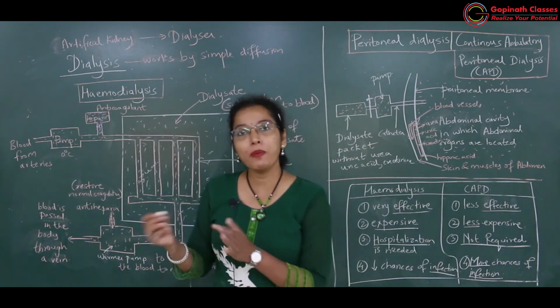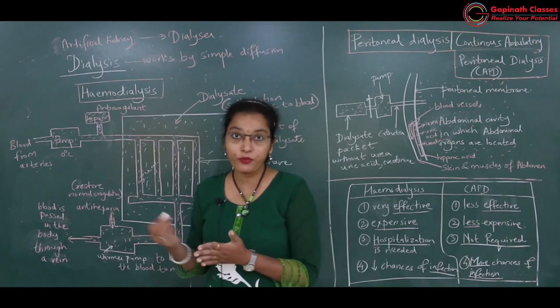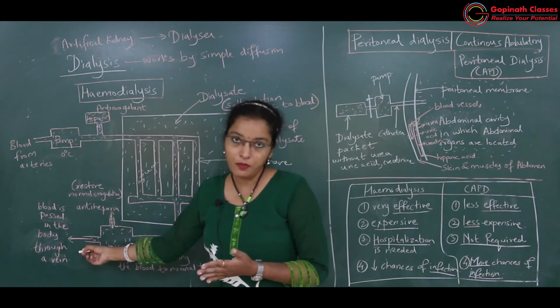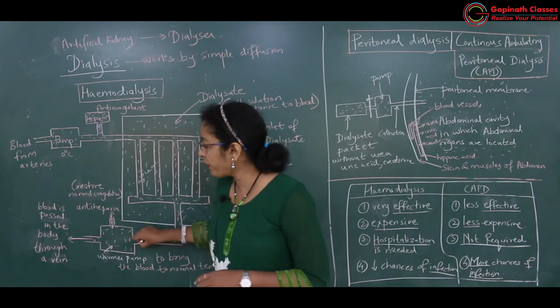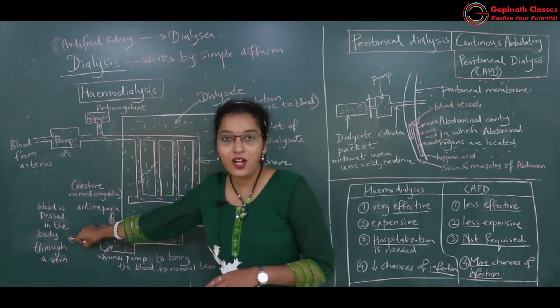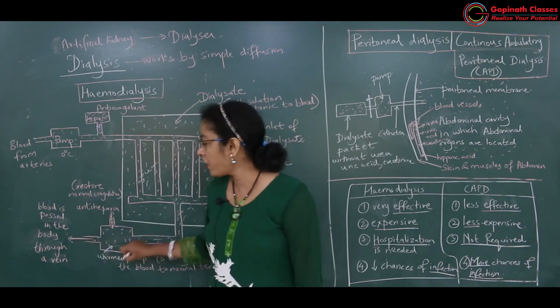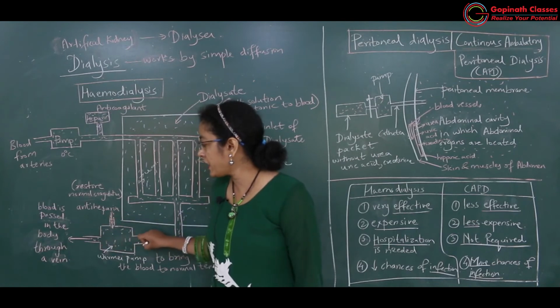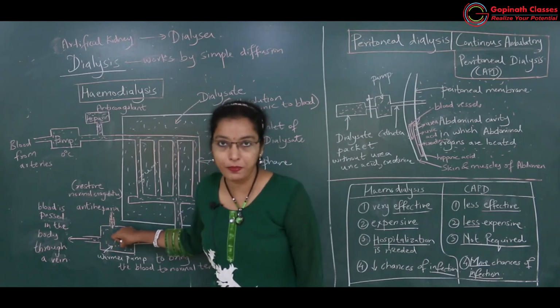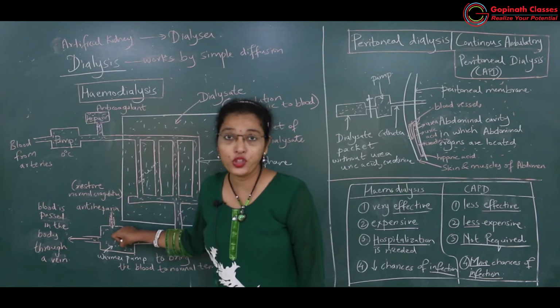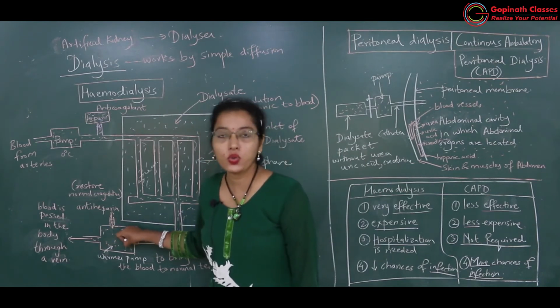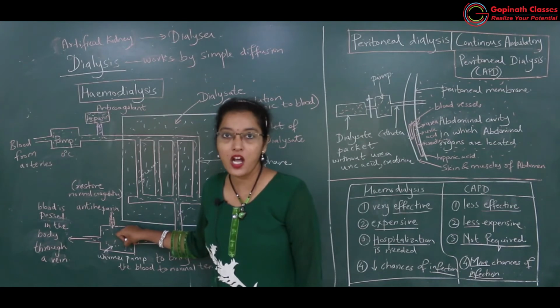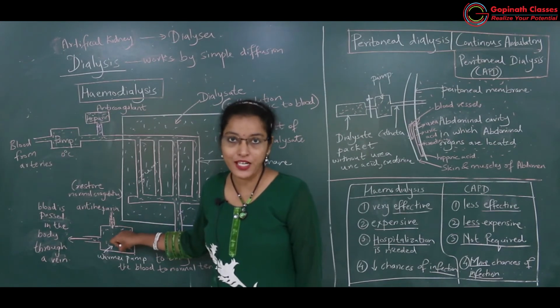So उसका normal temperature होना चाहिए before entering the blood vessel. So before the blood enters the blood vessel of the patient, it is passed through the warmer pump. Okay, pump which is kept at नॉर्मल टेम्परेचर. सो ब्लड का जो टेम्परेचर है वो क्या हो जाएगा, नॉर्मल रूम टेम्परेचर पे आ जाएगा.